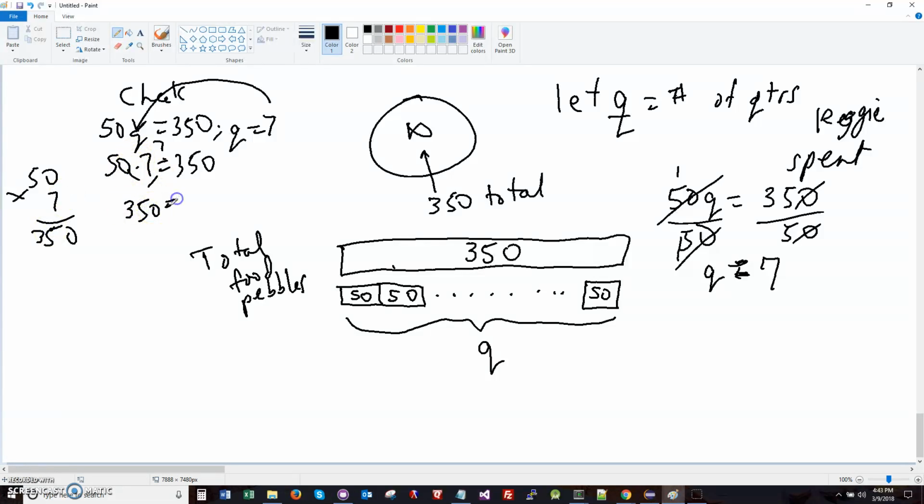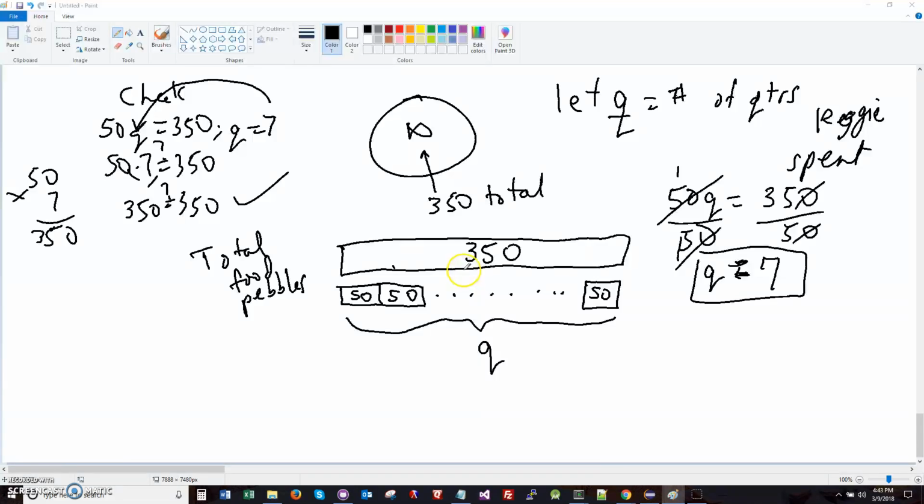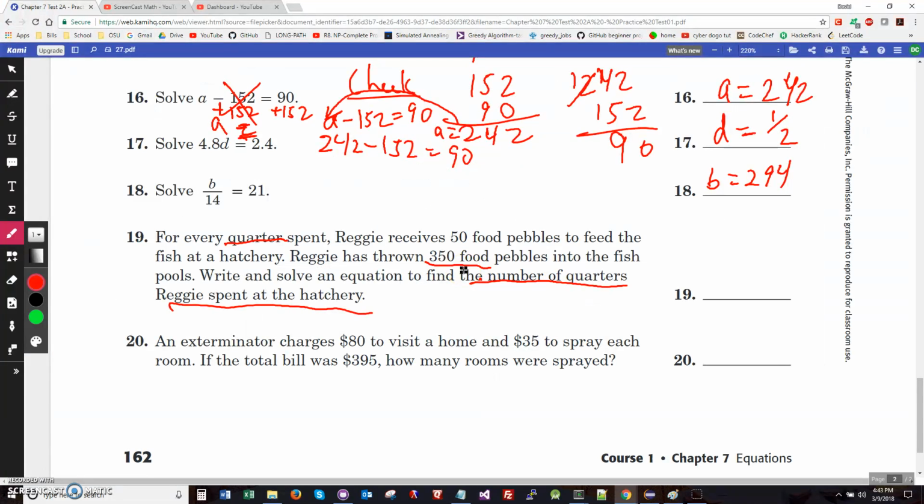So I didn't make a mistake on my multiplication there. So my solution is correct. Q is 7 quarters. And I've got a bar diagram, I've got a check step, I define my variable. This looks like a good answer. So Q, number of quarters Reggie spent, he spent 7 quarters. I'll even put the units here.